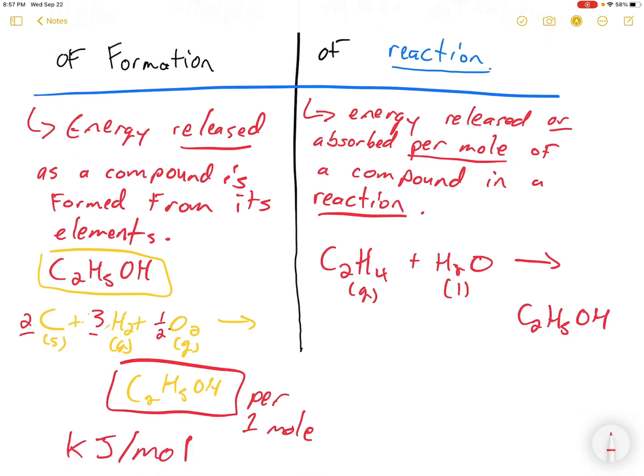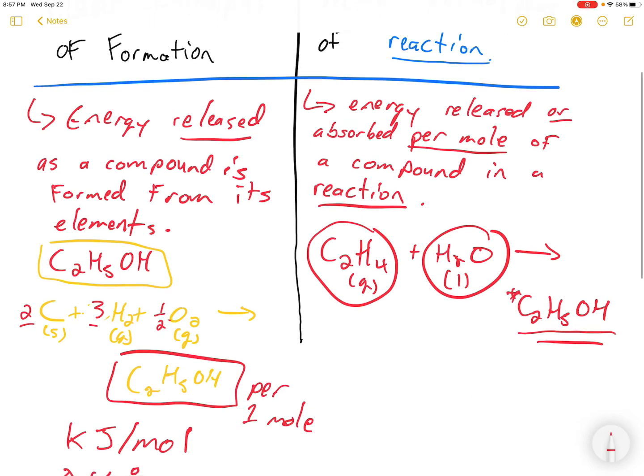Now here we have the same compound, ethanol, but it's not formed directly from just combining the carbon, hydrogen, and oxygen. It's combined by other compounds in the reaction. And so the energy released making the compound this way versus making it this way would be different because you're combining different things.